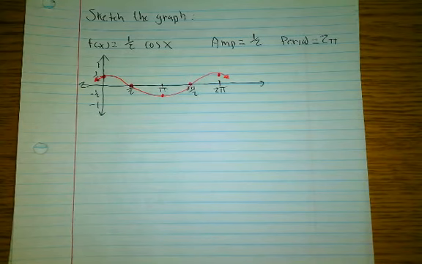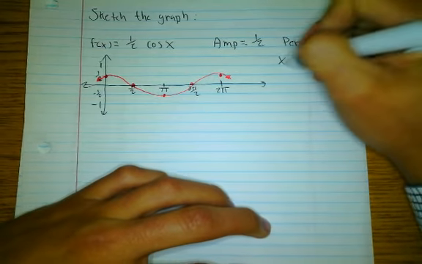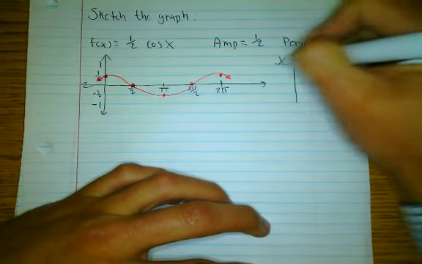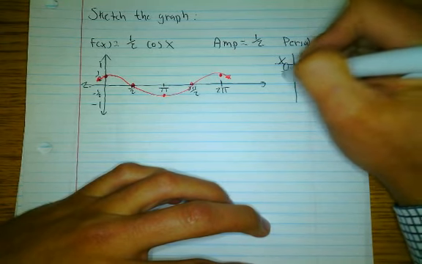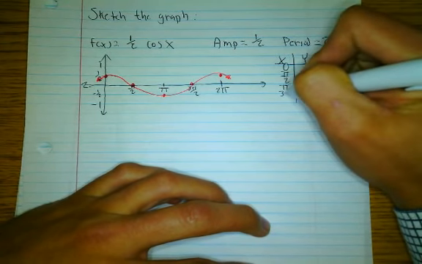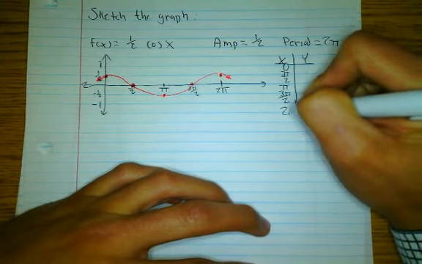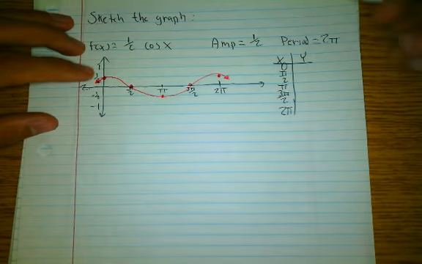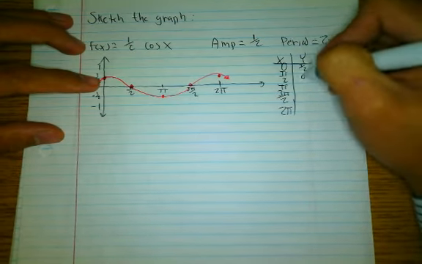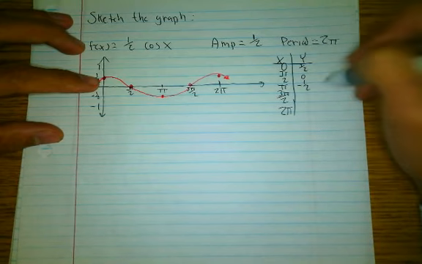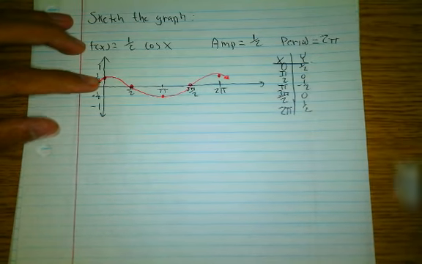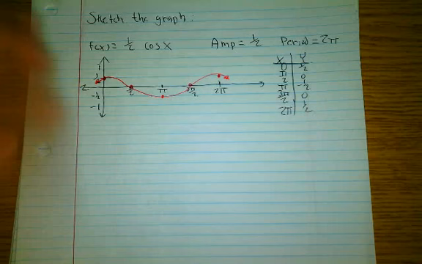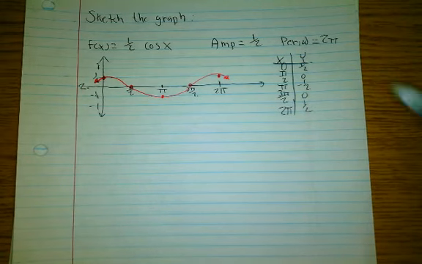If you use 0, pi over 2, pi, 3 pi over 2, 2 pi, then you got the points 1/2, 0, negative 1/2, 0, 1/2. And those are the exact same points that are there. Because if you plug in 0, cosine of 0 is 1 times 1/2, 1/2, etc. Cool? That wasn't that terrible creating a table. Agreed?